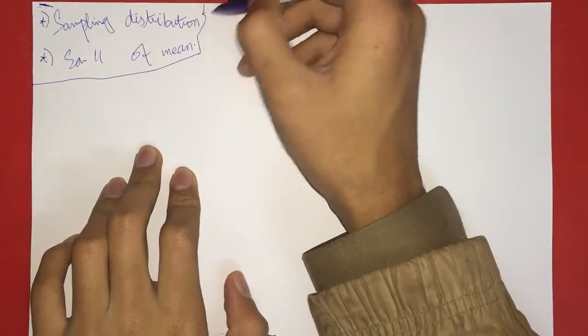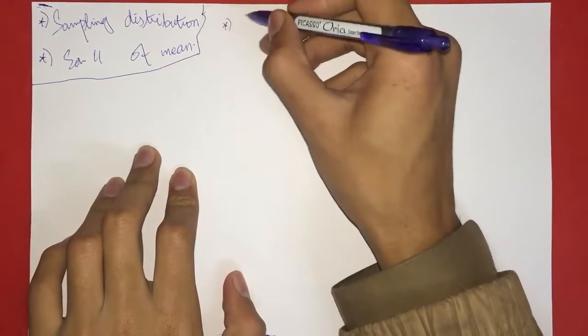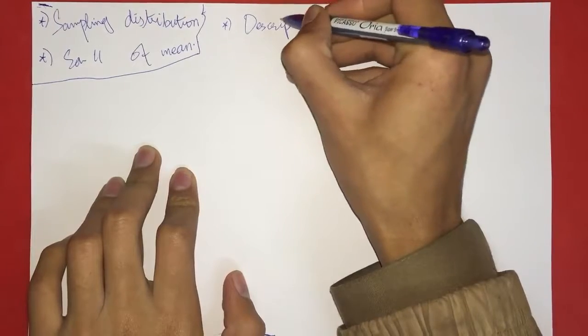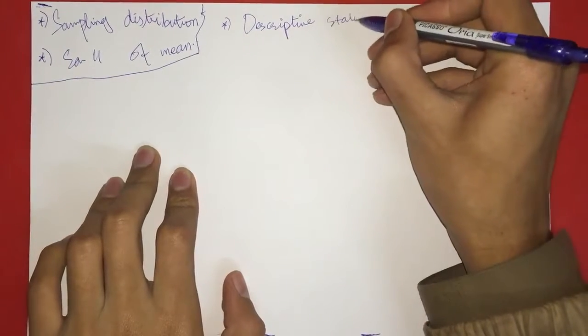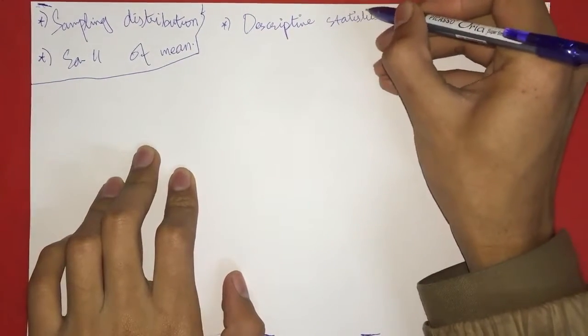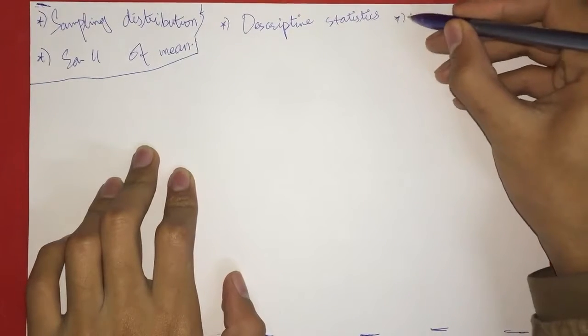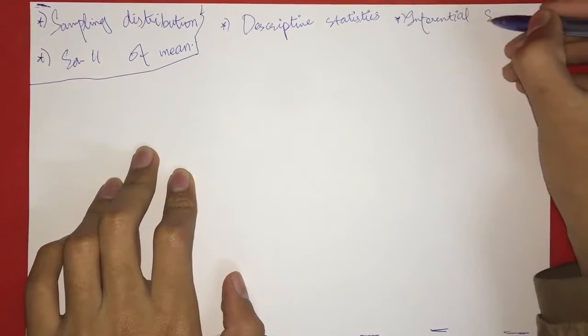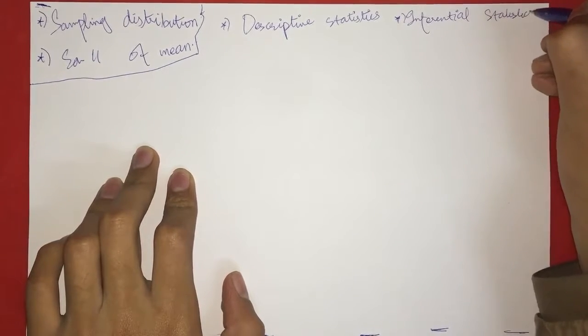But first of all, let's discuss what is descriptive statistics. There are two types of statistics: descriptive statistics, and the second one is inferential statistics.